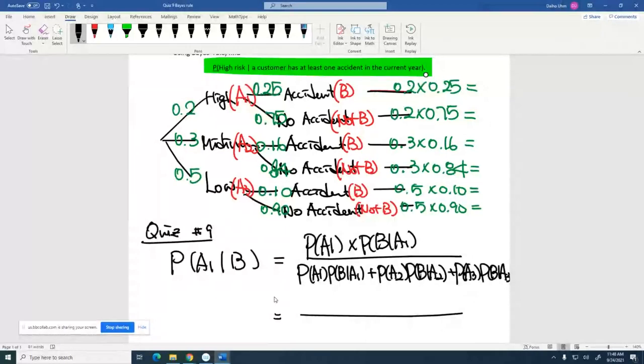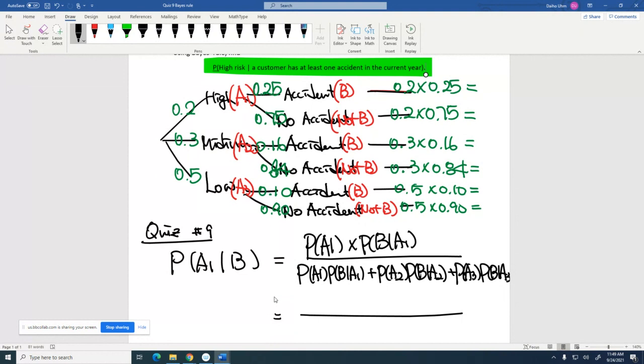So please plug the probabilities one by one from the tree. First of all, how much is the probability of A1? 0.2. Probability of A2, 0.3. Probability of A3, 0.5.